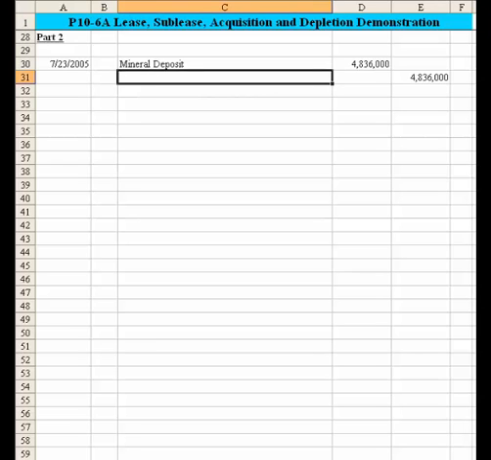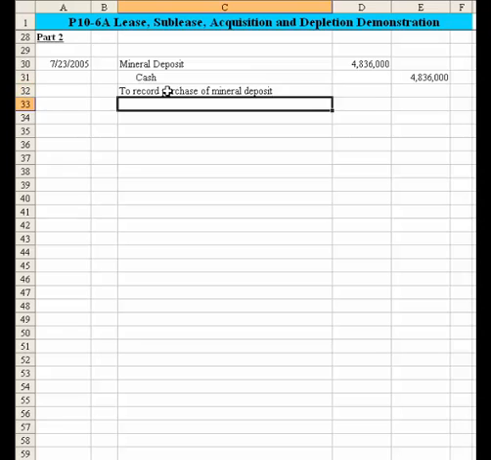We're assuming we paid for this in cash, which could be the case. I'll indent a little bit, and to follow proper form, we'll indicate what this transaction was for. It's to record the purchase of a mineral deposit. Okay, and we'll indent that to put it in proper form as well.